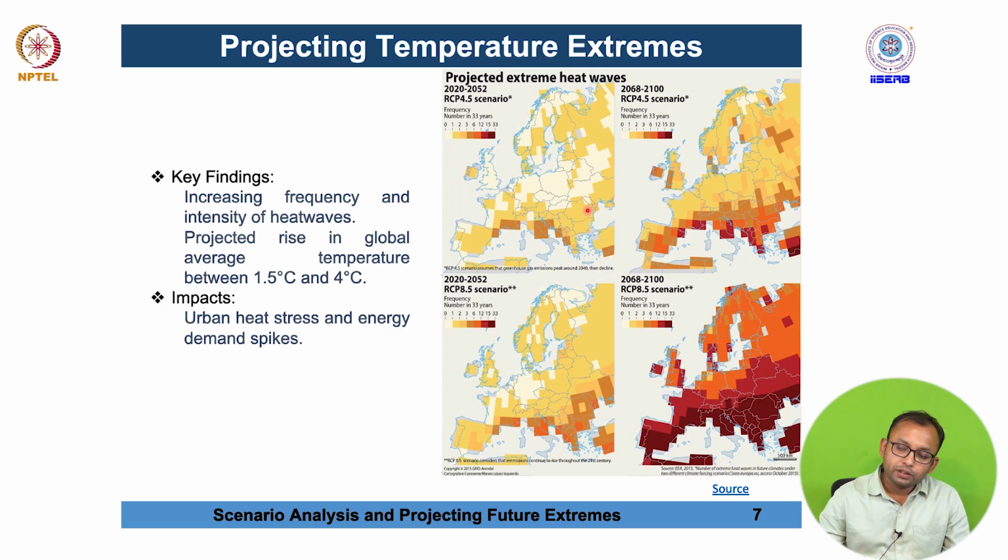If you look at the near future conditions, RCP 4.5 scenarios, the probability of occurrence of extreme heat events in entire Europe is relatively lower compared to, let's say, near future higher emission scenarios, where the extreme heat wave probabilities or occurrences have slightly increased.